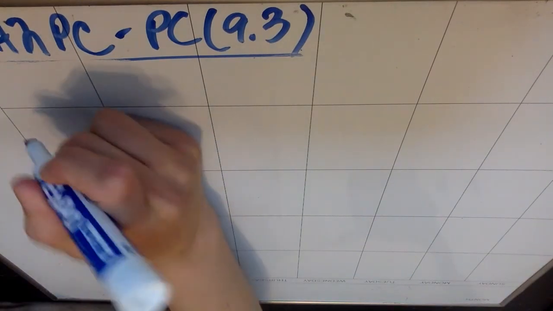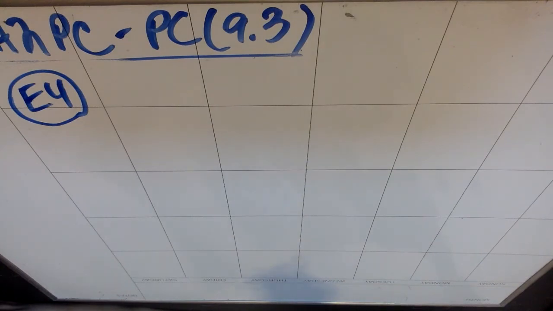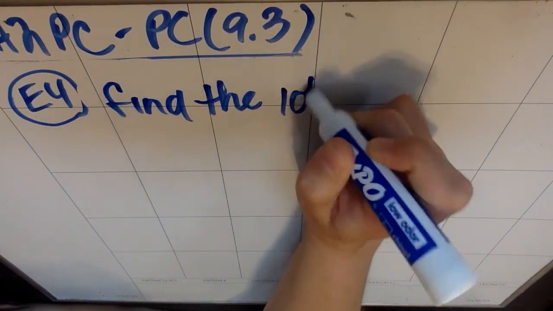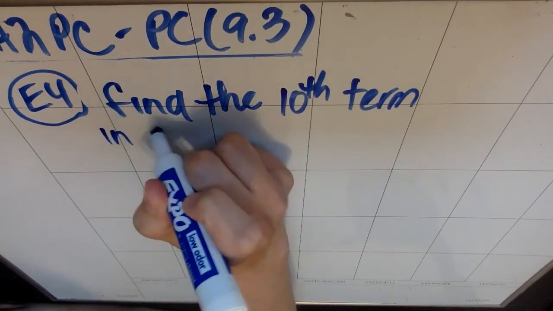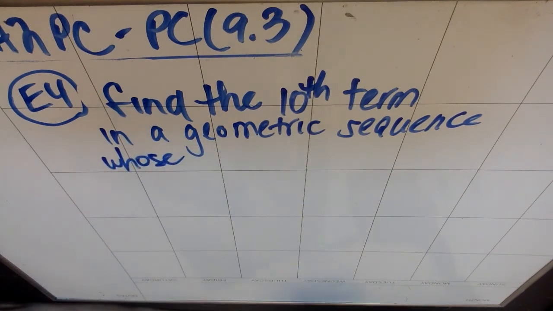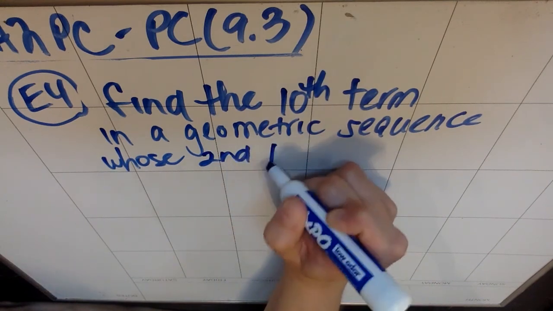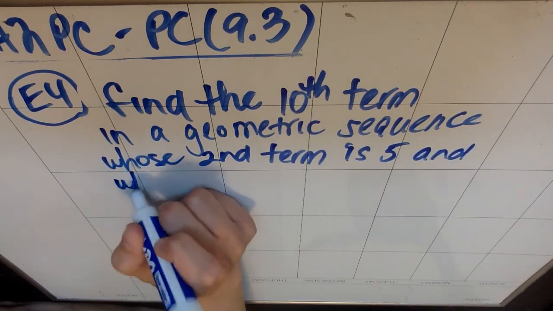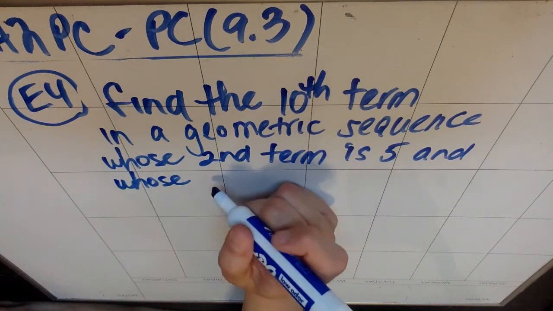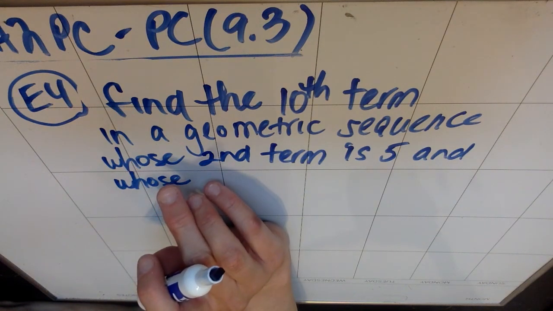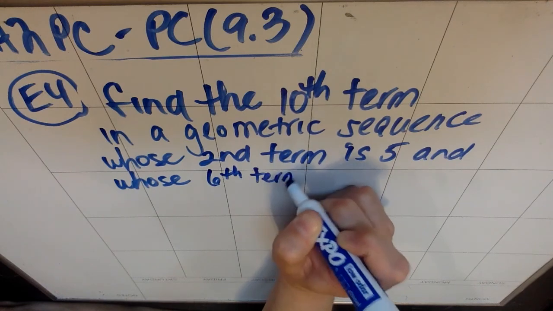All right, so in example 4, we're going to find the 10th term in a geometric sequence whose second term is 5 and whose sixth term is 80.